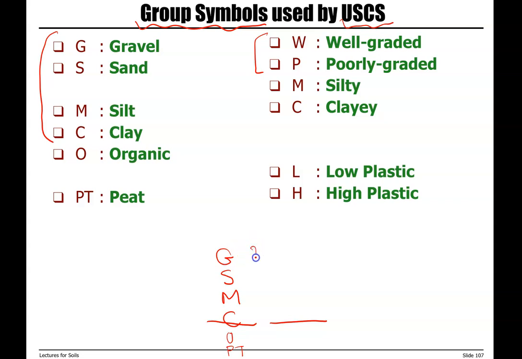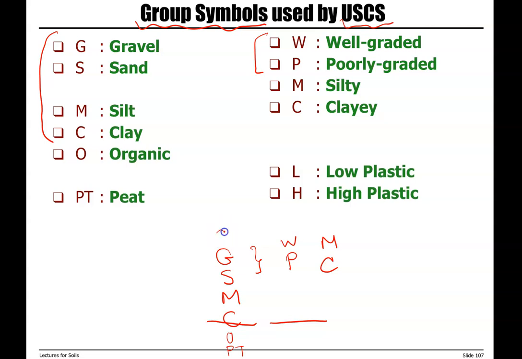So if we have sand or gravel, we can use W or P to describe if it's well graded or poorly graded. We may also use M or C to say if it's a silty gravel or clayey sand.